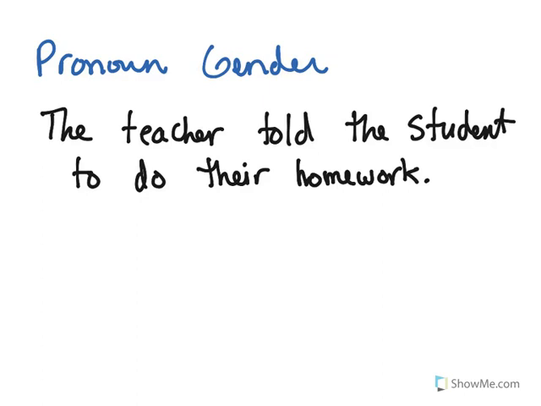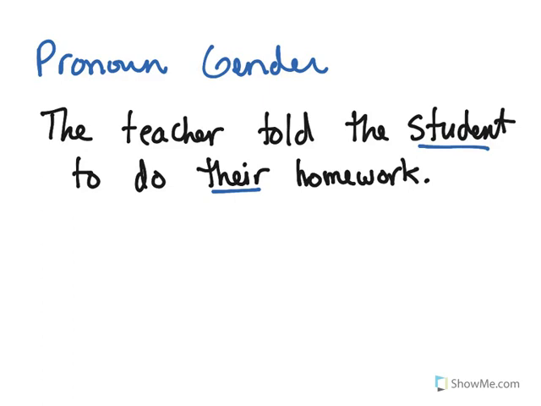So a lot of times what happens in English is native speakers will actually use the third person plural pronoun as a gender neutral singular third person pronoun. But technically this is not correct, right? If I say the teacher told the student to do their homework, I've got a number agreement problem here. I've got a singular noun, but I've got a plural pronoun.